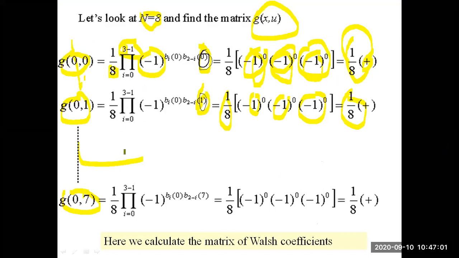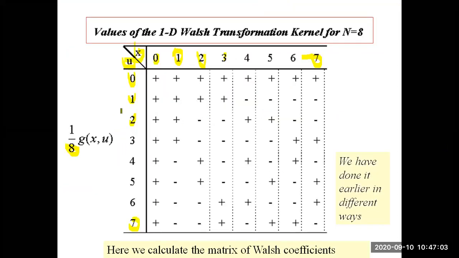What is the 0, 1 value? 0, 0 is plus, 0, 1 is plus, 0, 2 is also plus, 0, 3 also plus, and 0, 4 also plus. What is the 1, 0 value? 1, 0 means u value is 1, x value is 0.